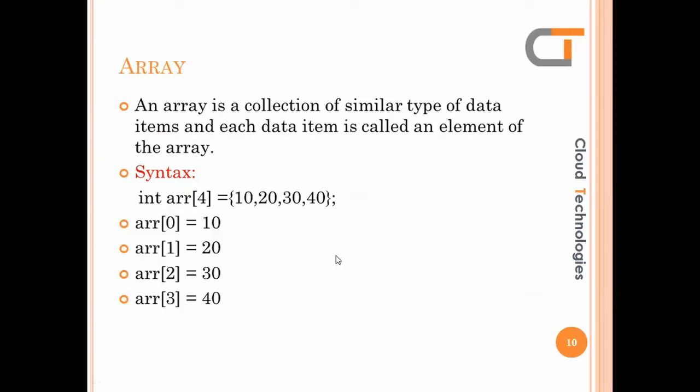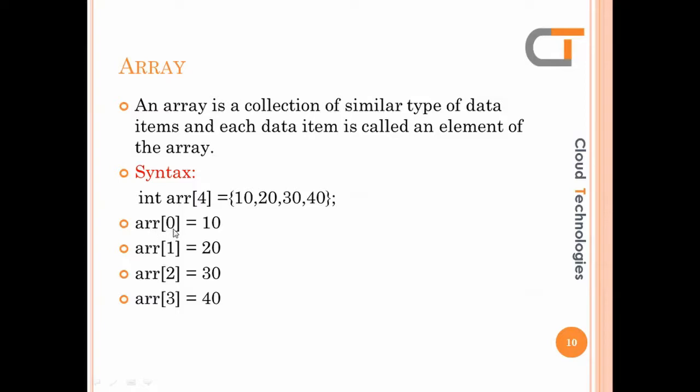And next, array. An array is a collection of similar type of data items, and each data item is called an element of the array. Like in C language, we can declare the array. This is an integer array of 4 elements: 10, 20, 30 and 40. Each element is represented with a subscript value. By using the subscript value, we can get the value of the array.